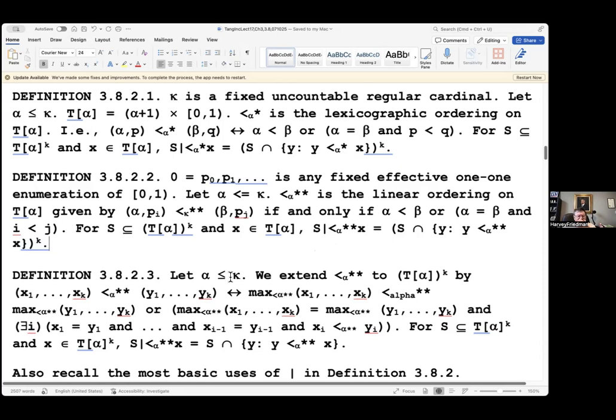All right. Now it's important also to extend this ordering to k-tuples. And we do that a kind of lex max or max lex. Max lex, because first by max and then by lex.